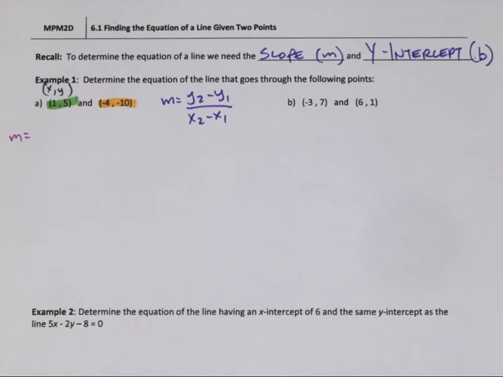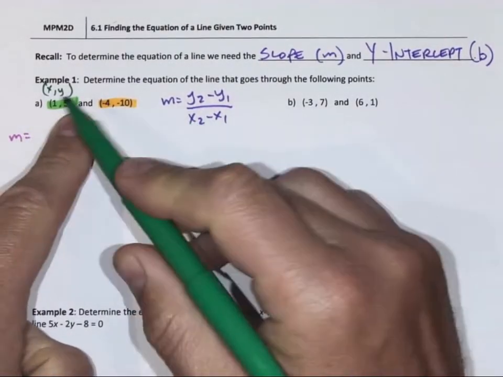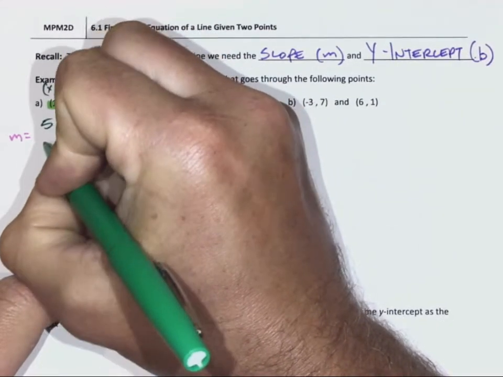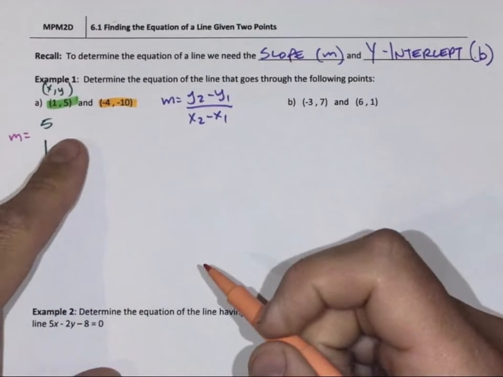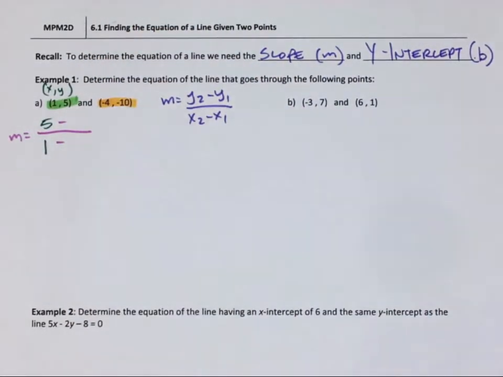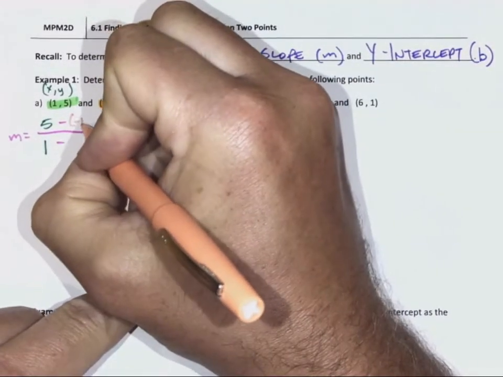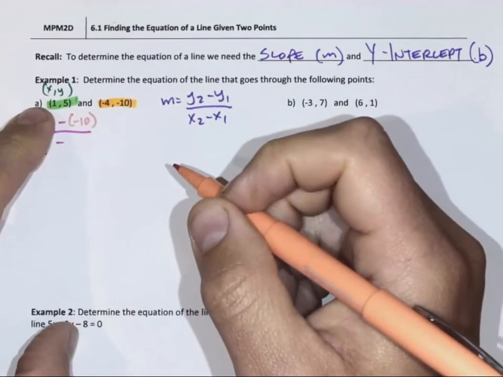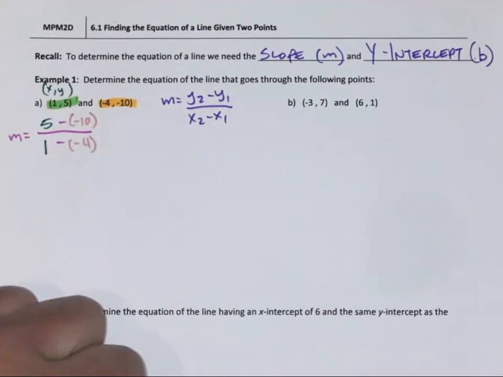So if I start with this being my second point, the y value, and the x value, and the equation for slope is take away. So y2 take away y1, so take away -10, x2 take away x1, take away -4.